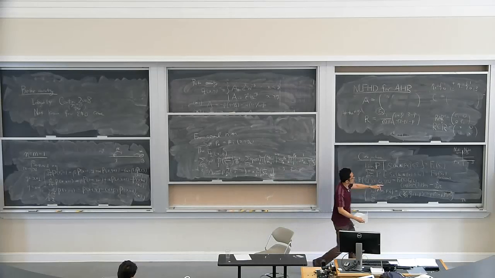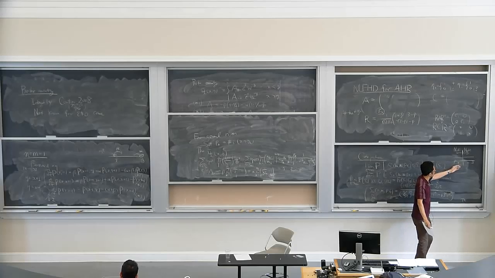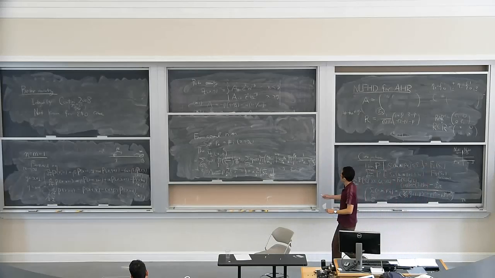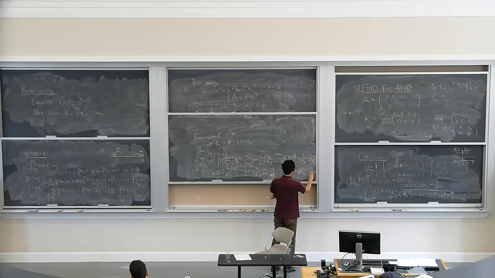Because we want to consider this initial condition, we first assume that initially all plus particles are to the left, all minus particles are to the right. So we write it like this. So this is already assumed.